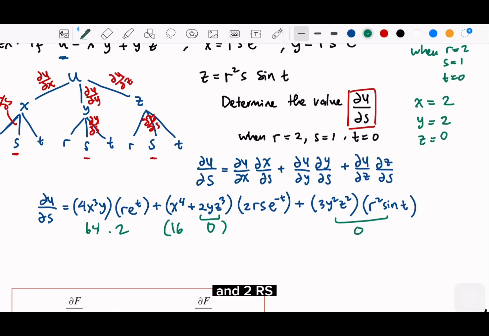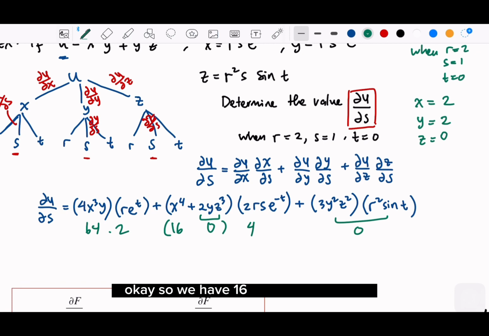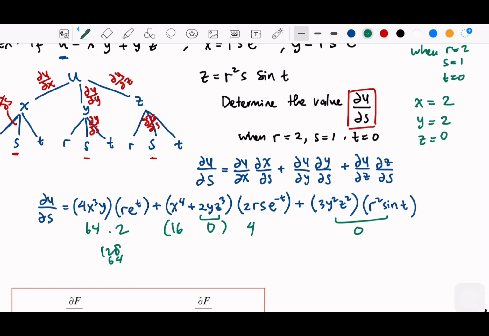And 2rs, this will be 4, right? R is 2, so 4. Okay, so we have 16 by 4 is what? 64. 128, 64 is 192, right? So 192.